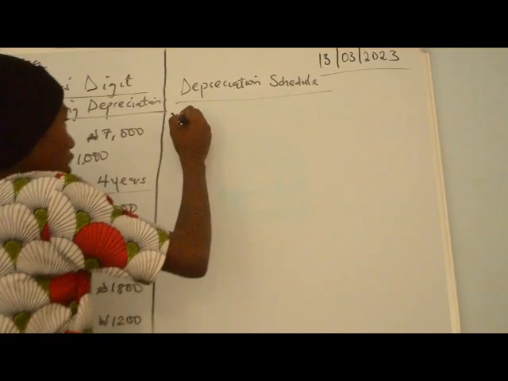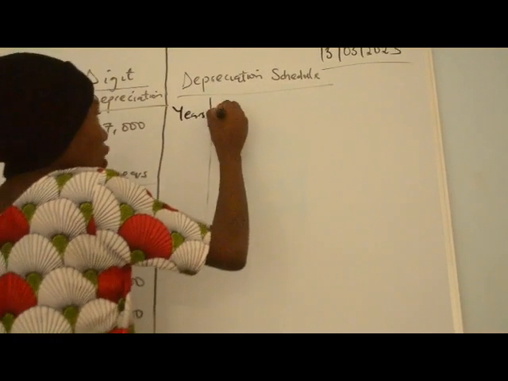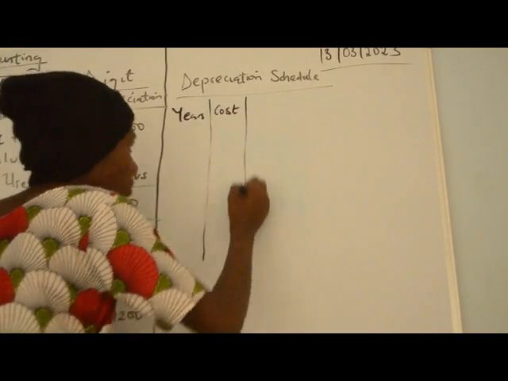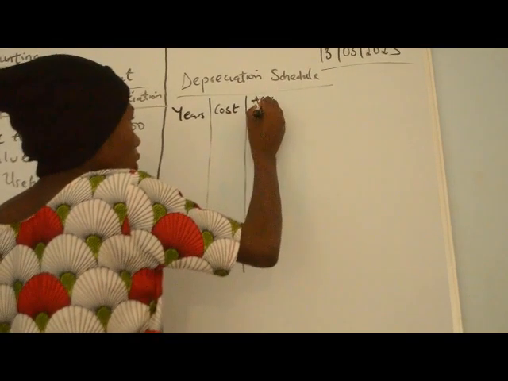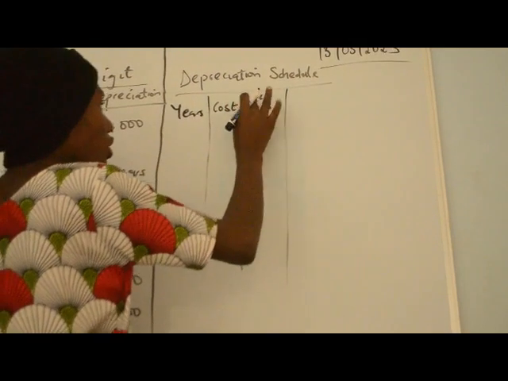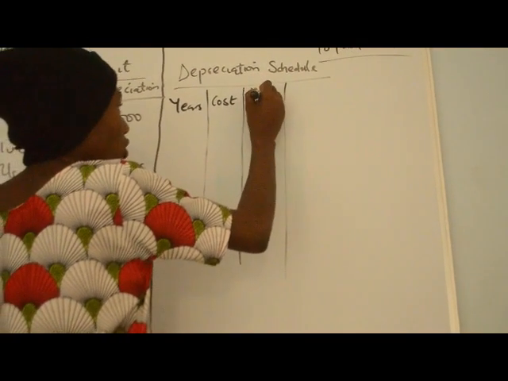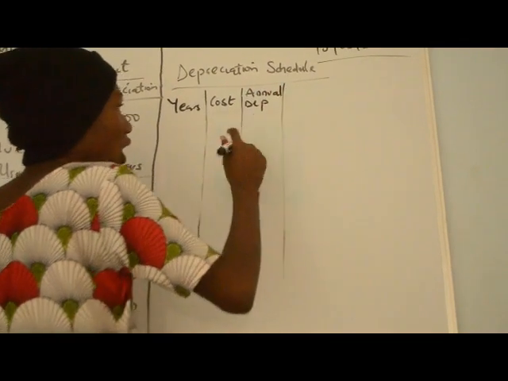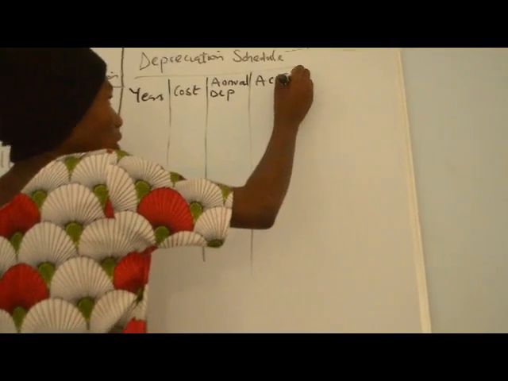So this is for our years. So our cost of assets, our accumulated, I'm using short form, depreciation. Sorry. This is annual depreciation. Annual depreciation. Then our accumulated depreciation.